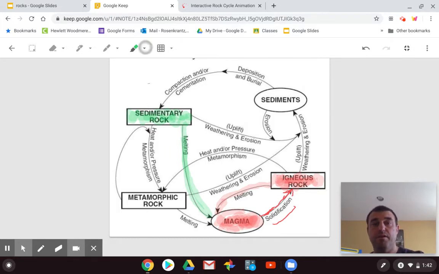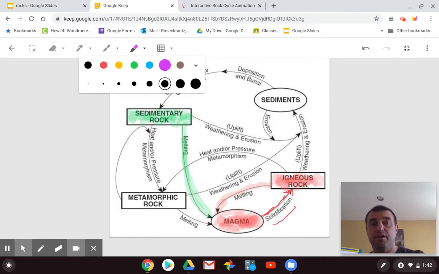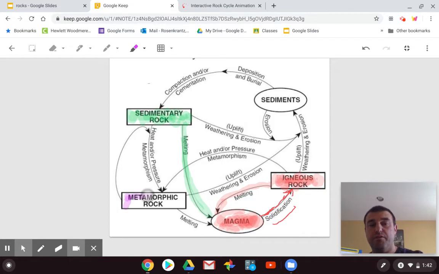Okay? Or if a metamorphic rock melts, you get magma. So if any rock melts, it turns into magma. And then if that magma cools, it will become a solid, and we call that solidification. Then it turns into igneous rock.